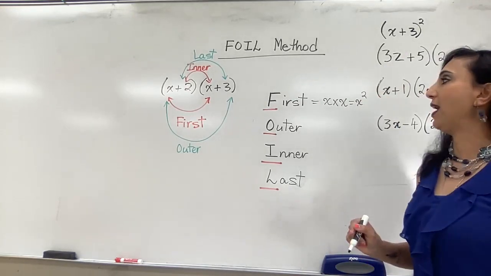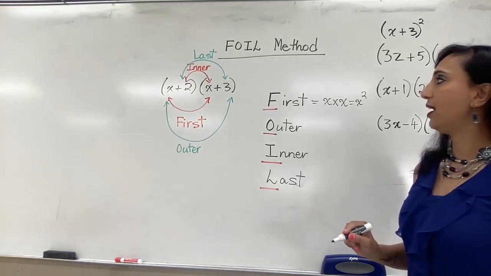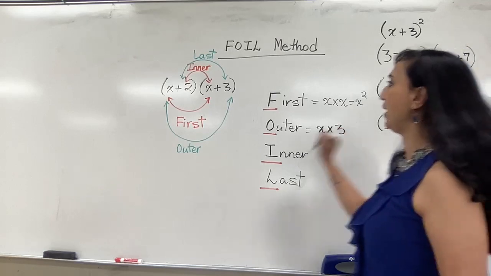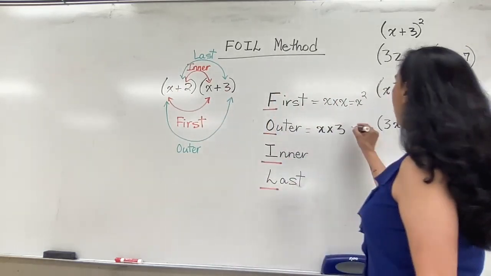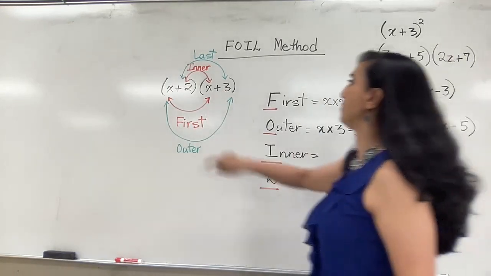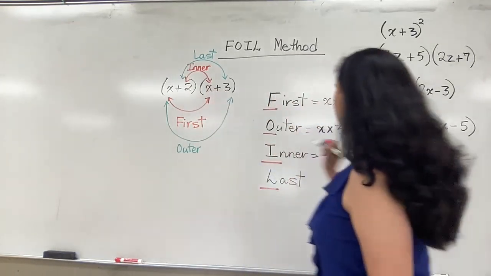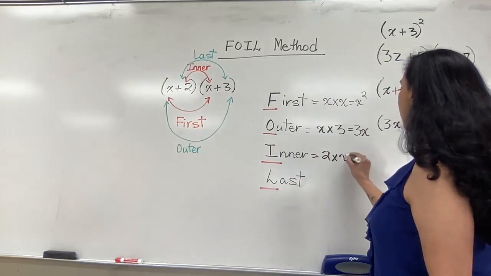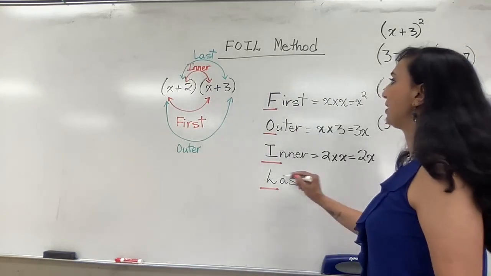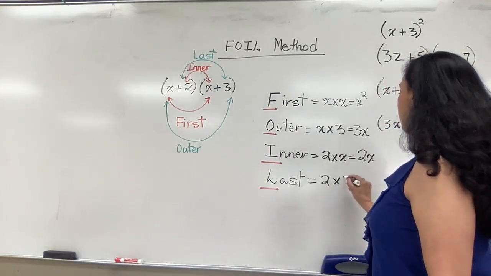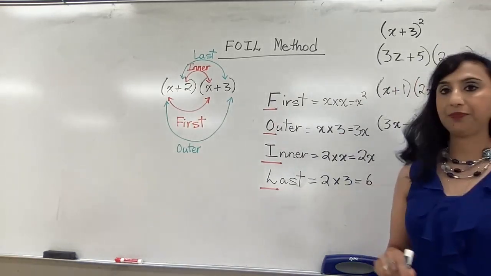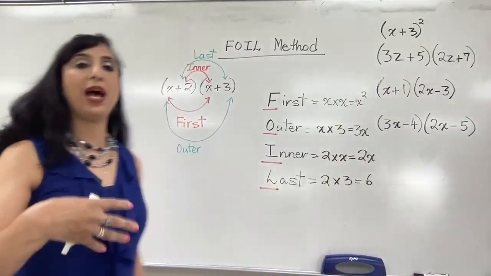The outer terms are x times 3, which gives me 3x. The inner terms are 2 times x, which gives me 2x. And my last terms are 2 times 3, which gives me 6.